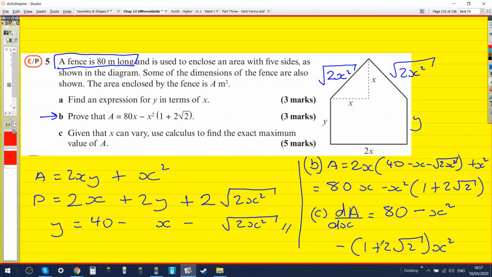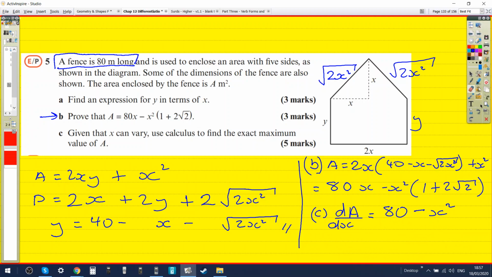So that's what you would do. The coefficient is 1 plus 2 root 2. So would it become minus 2 plus 4 root 2 x? And then we want to find the minimum, so that's equal to 0.